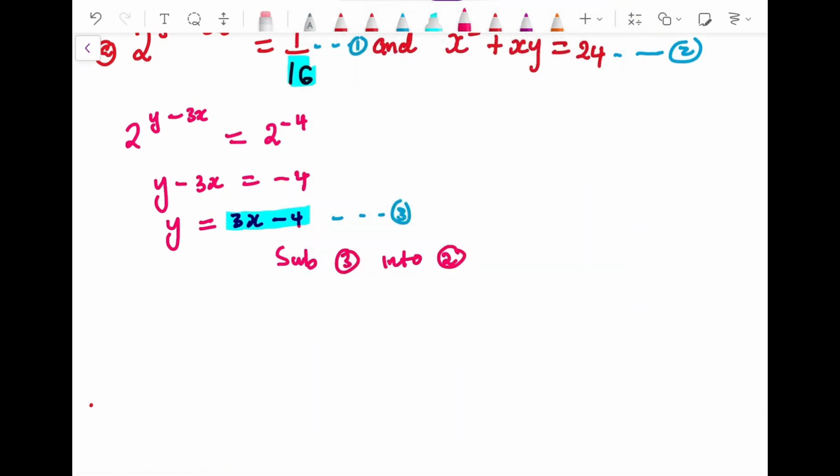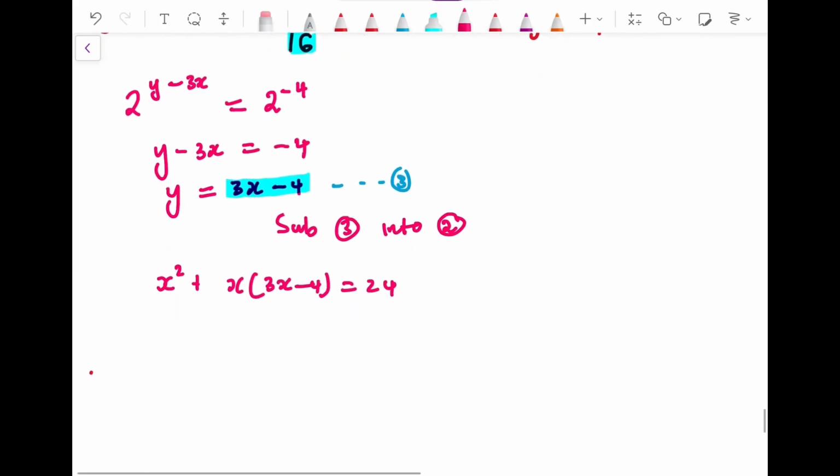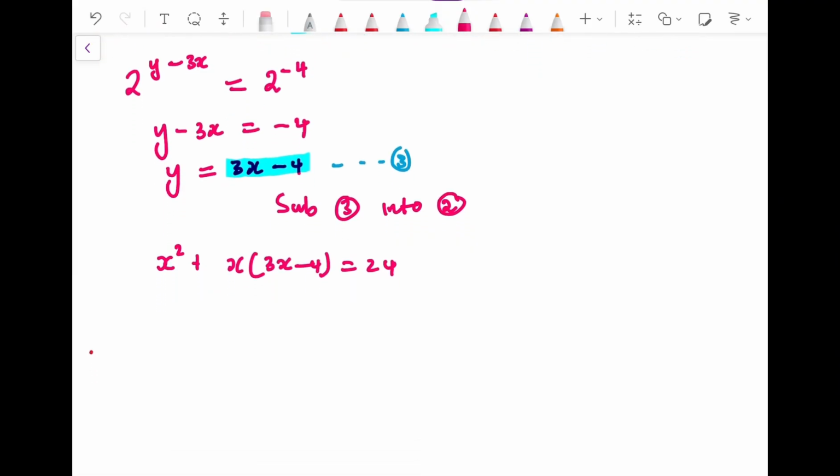So now if we do that, now we have x squared plus x. Now our y is what? Our y is 3x minus 4. This is equal to 24. And then from here we can remove the brackets. So we have x squared plus 3x squared minus 4x, transpose 24, minus 24.